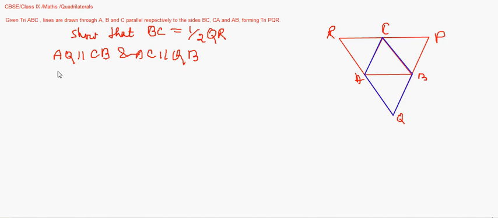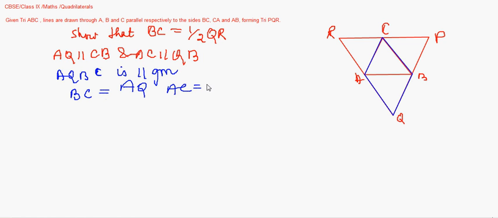So I write, AQBC opposite sides are parallel, AQBC is now a parallelogram. As AQBC is a parallelogram, opposite sides will be equal, so BC is equal to AQ, as well as AC is equal to BQ.